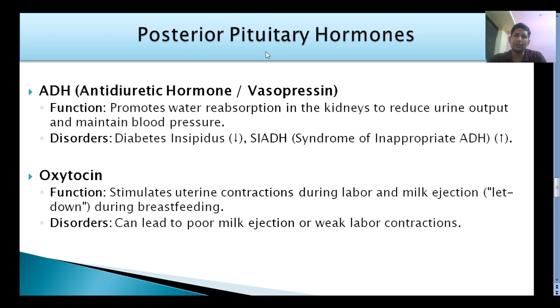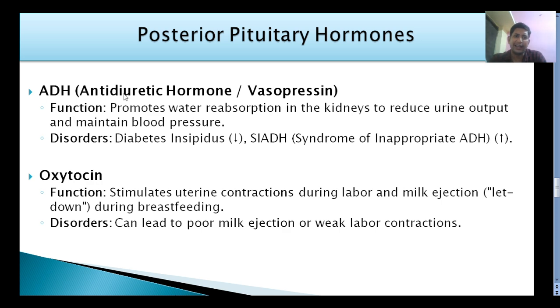Then coming to the posterior pituitary hormones, dear students, you must remember the posterior pituitary gland does not secrete any hormone. It does not produce any hormone. It stores the two hormones which are actually produced by the hypothalamus.